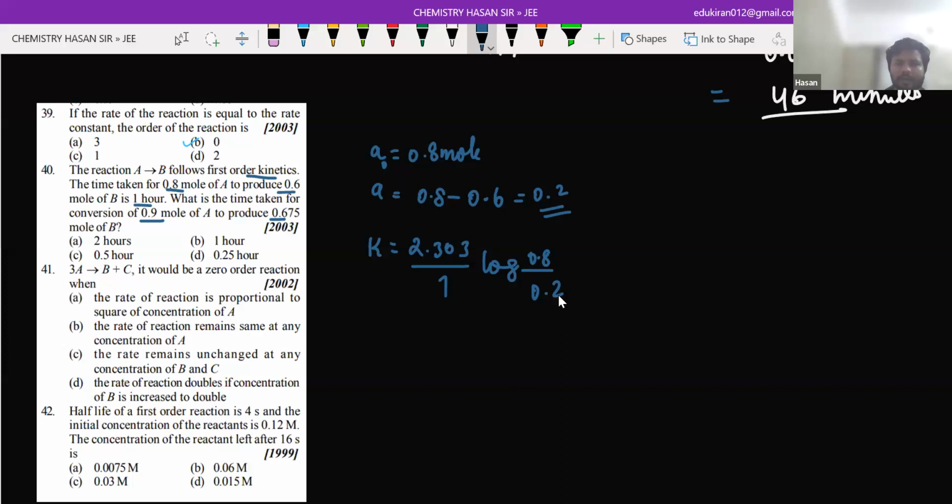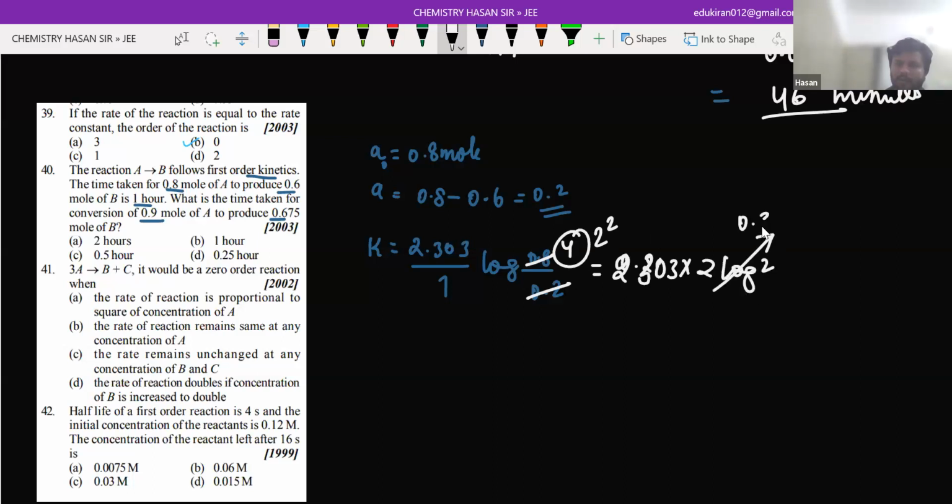With the help of this equation, we can easily calculate the value of K. 2.303 into log 4, that is, log 2 square, which means 2 log 2, and log 2 has a value 0.3010. Whether you write the 1 or not, it won't affect.